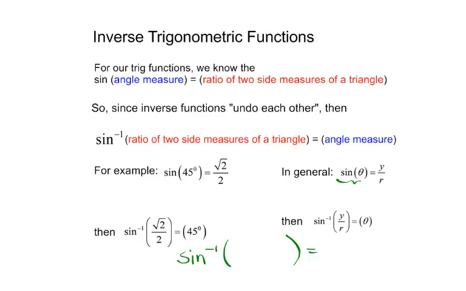Well, it is true that the sine of theta is a ratio. I just fed it the equivalent of that ratio. And if that's the case, when I feed the inverse function that ratio, it gives me my angle measure that I started with back.